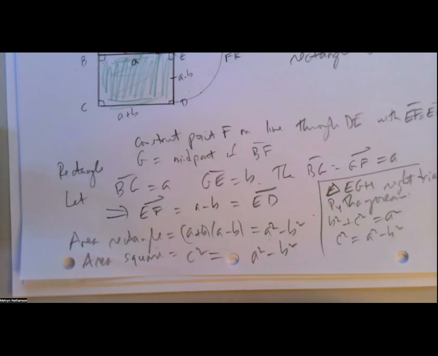And then we saw how once you can compute the area of a square or a rectangle, you can compute the area of a triangle, because the area of a triangle is half the area of the rectangle with the same base and half the height.